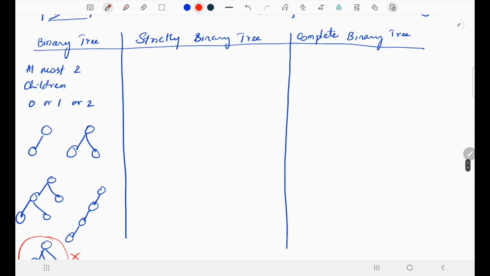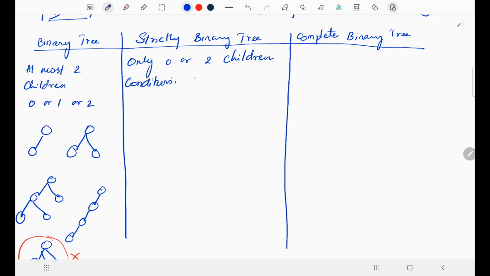Okay, right? Now a strictly binary tree has only 0 or 2 children. So what is the condition here?